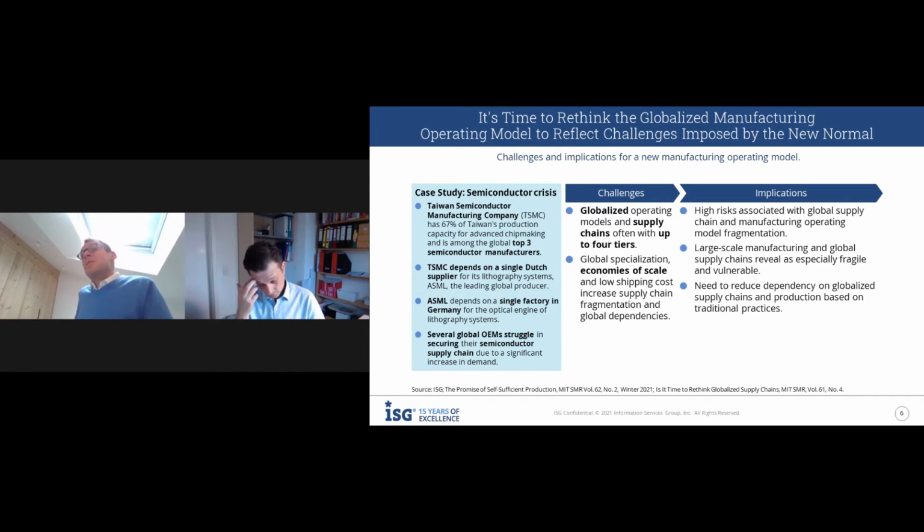And this supplying company, ASML, depends on just a single factory in Germany for the optical engine of the lithography systems. Just imagine, even if we are just talking about electricity outages or natural catastrophes or whatsoever, or strikes, something like that: if this single factory has a problem, one of the top global manufacturers of semiconductors is basically not able to produce.